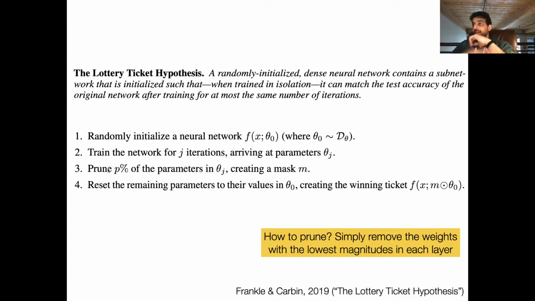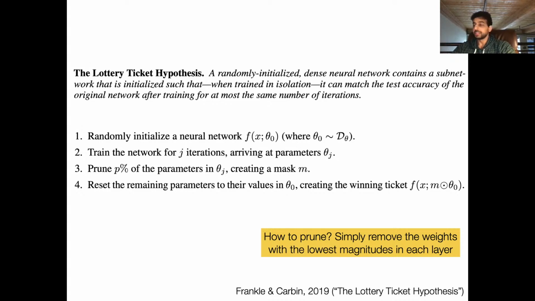Now, once I have my big BERT model, I'm just going to prune away some percentage of its parameters, which essentially creates a binary mask, 0 or 1 for each parameter in the model. Is it pruned or is it preserved? In this paper, they use a very simple strategy of pruning weights after the model has been trained. For every layer in the model, they remove some percentage of the weights that had the lowest magnitude.